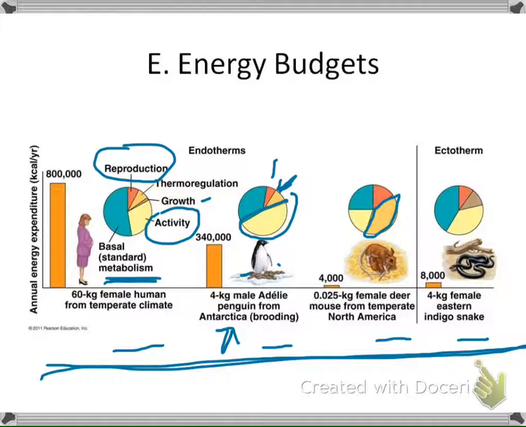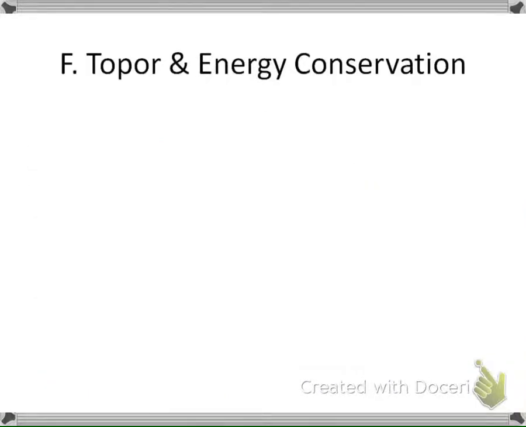The snake does not have any thermoregulation cost because it's an ectotherm, and it spends a lot more on growth because, like all snakes, it continues to grow throughout its life. So this is just different ways different critters use energy.